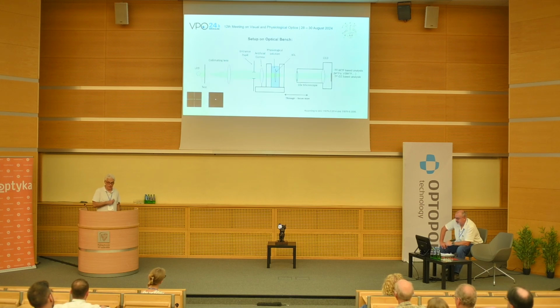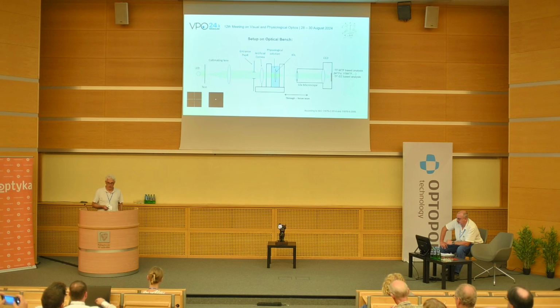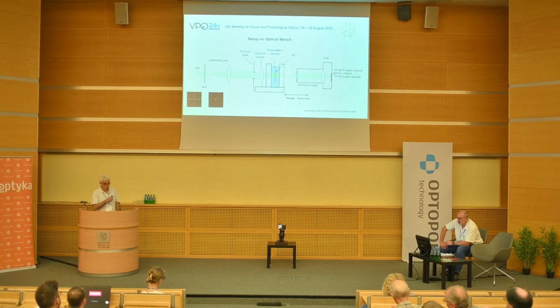In our group, we have several optical benches, and this is a schematic of one of them, where we can change lenses and use different tests to measure different optical quality indicators, with some different corneas with different spherical aberrations.